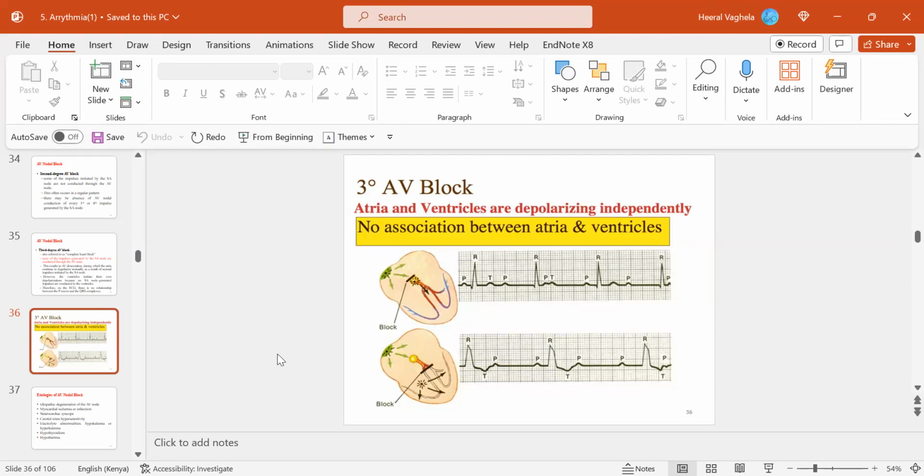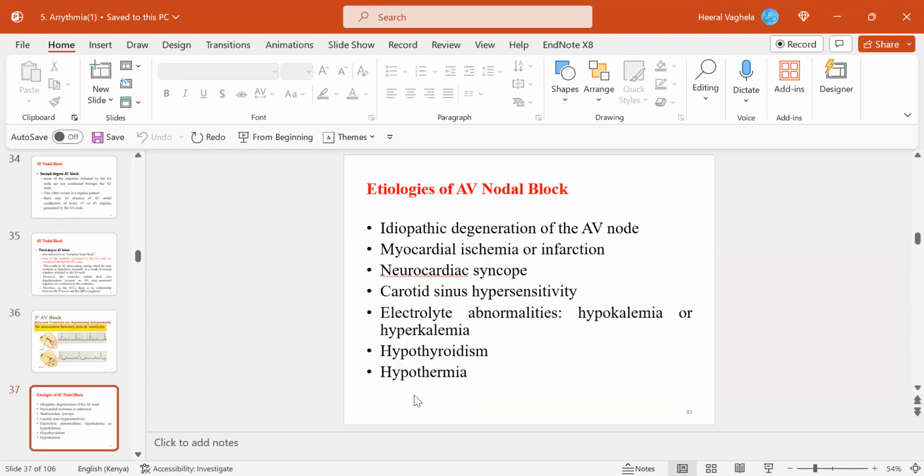So the block is either with no conduction from the SA node to the AV node, or the block is from the AV node to the Purkinje fibers, with no conduction from there.